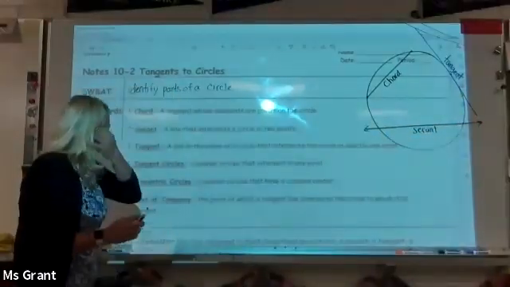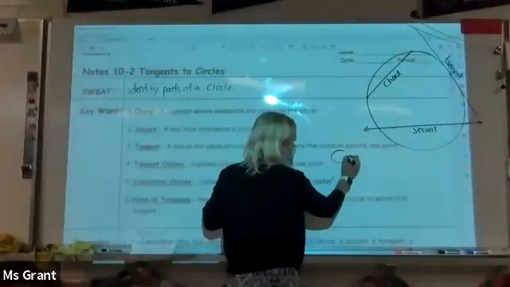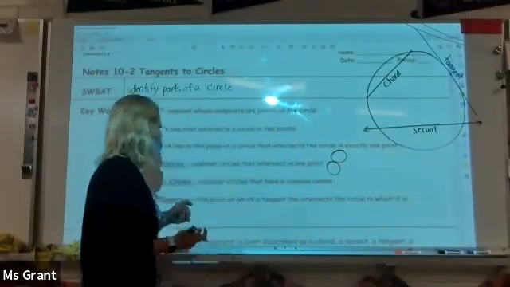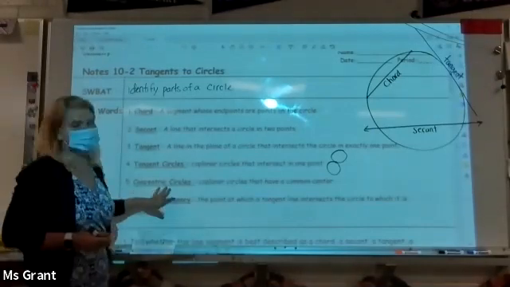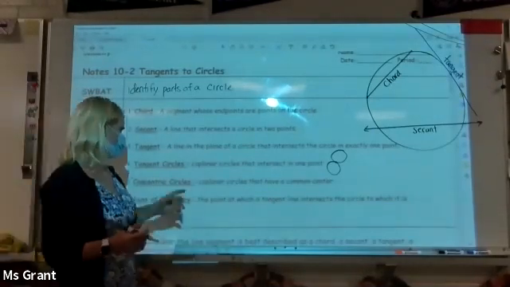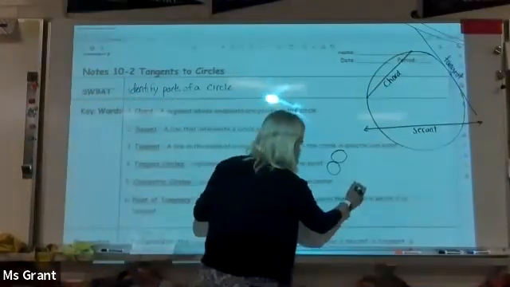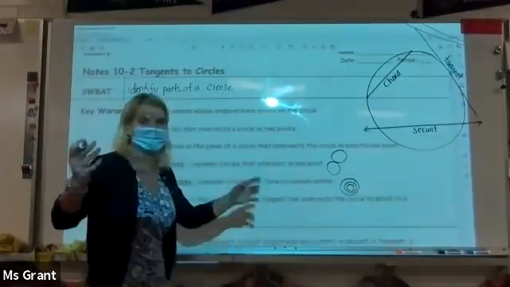Okay. And then tangent circles. Circles that intersect in one spot. Concentric circles. They're embedded in each other. Circle within a circle. So I could have like 1, 2, 3, 4, 5, 6, you know.